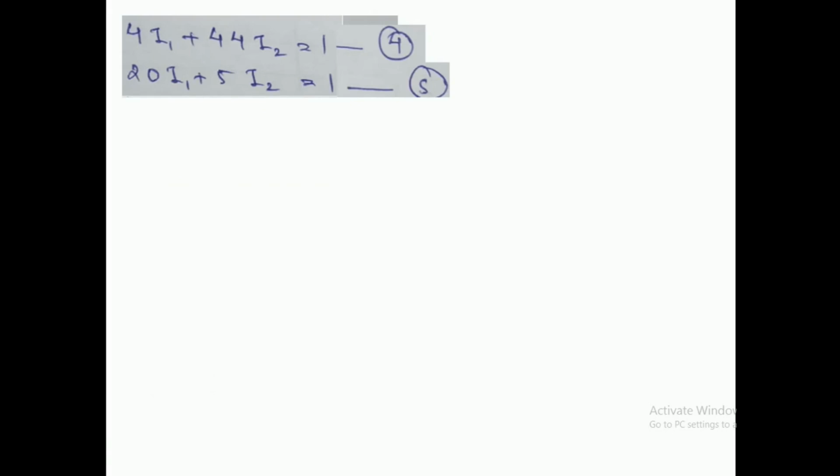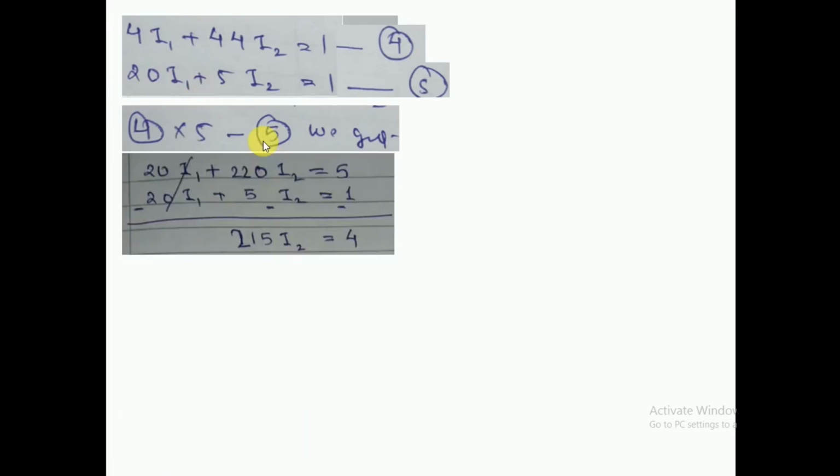So I'm writing the equations together. Now I can solve these two equations. If you multiply this equation with 5, you'll get 20 I1 here, so then I can cancel this. I'm multiplying equation 4 with 5 and subtracting it from equation number 5.